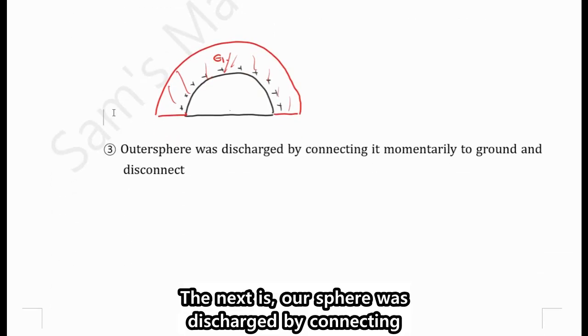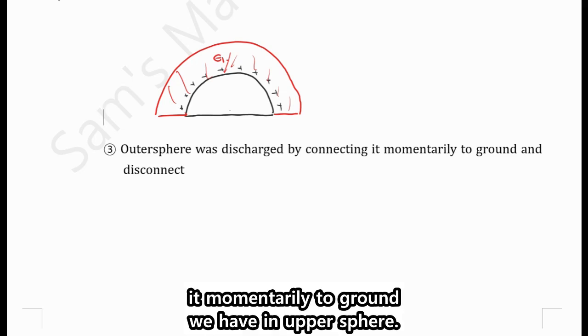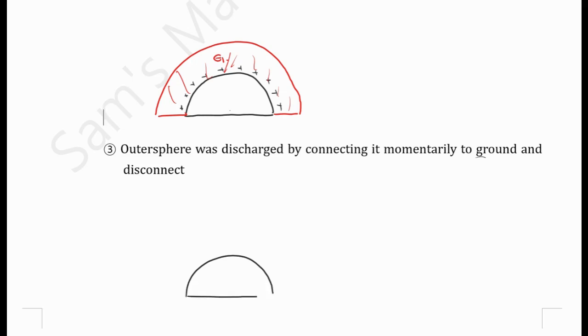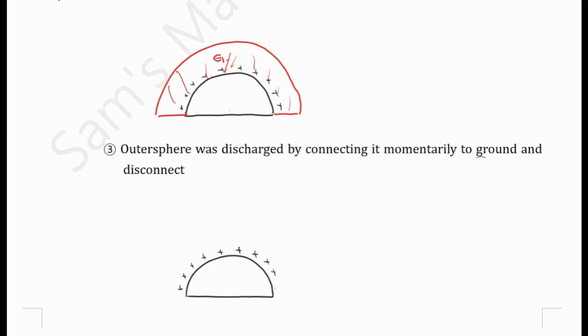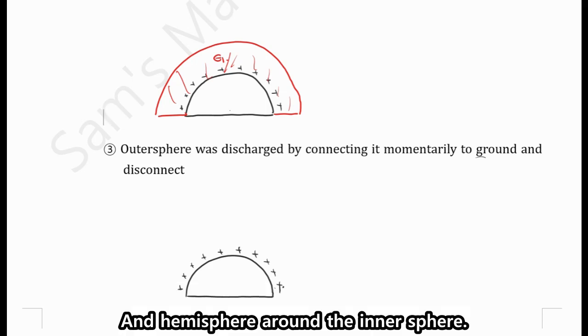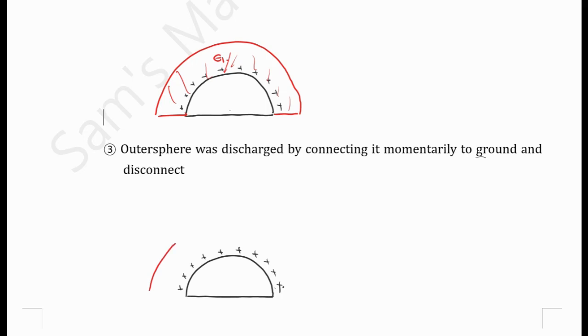The next step is that the outer sphere is discharged by connecting it momentarily to ground. There are 10 positive charges on the surface of the inner sphere, and the hemisphere around the inner sphere.